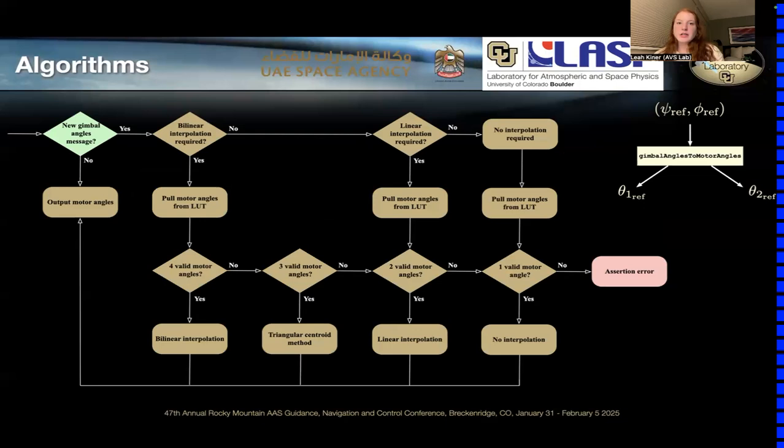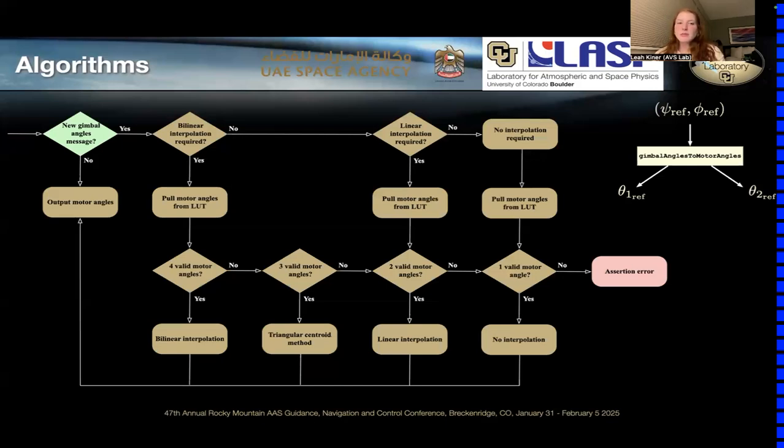There is a little bit more to this algorithm that I talk about in the paper. But to summarize as clearly as possible, to make this module as general as possible, we need to account for cases where the ranges of the two gimbal angles are not identical.